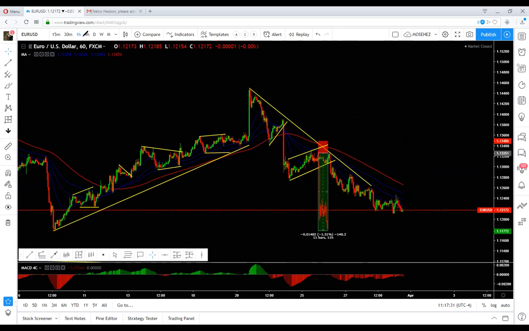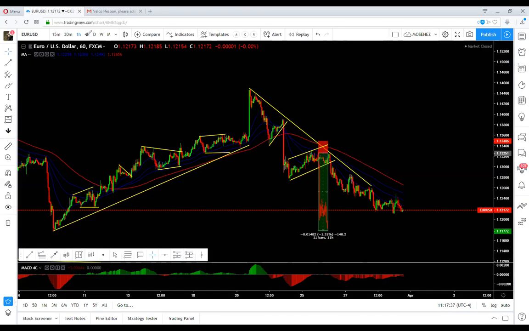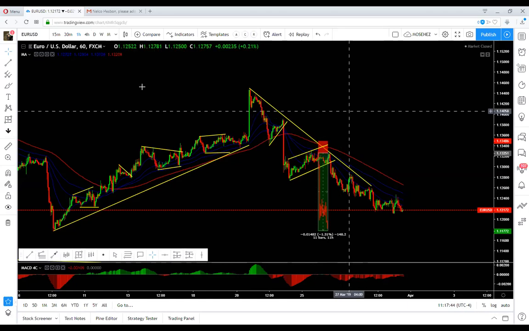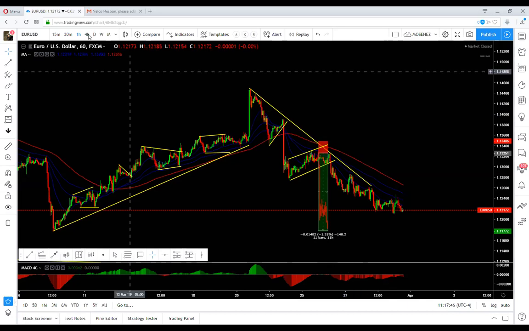If today you decide to sell the euro dollar and sell the USD chief, you will win one and lose one. So this is an easy trade.